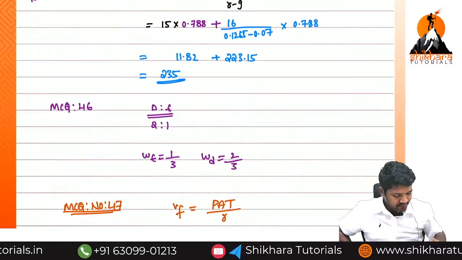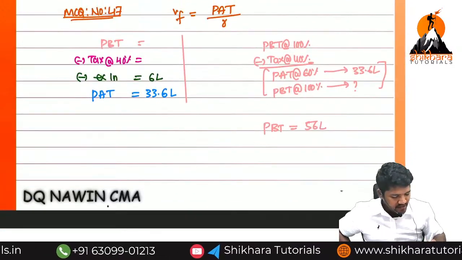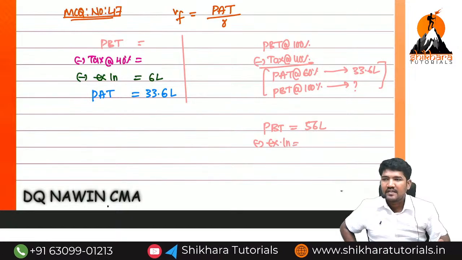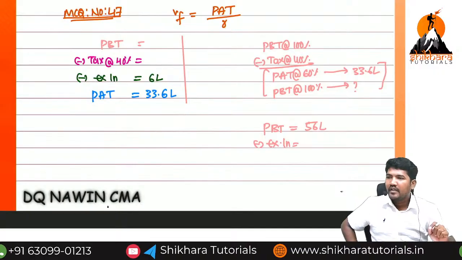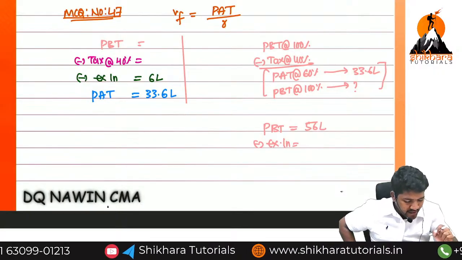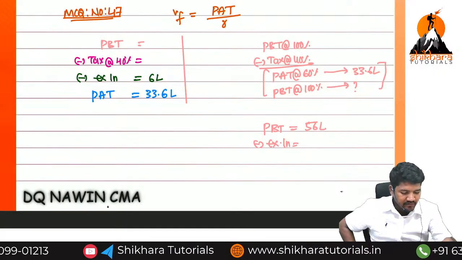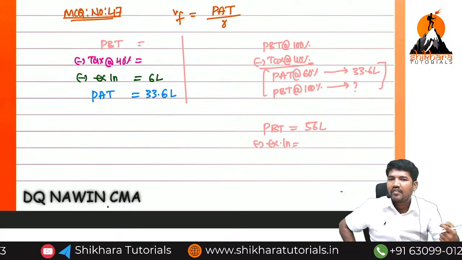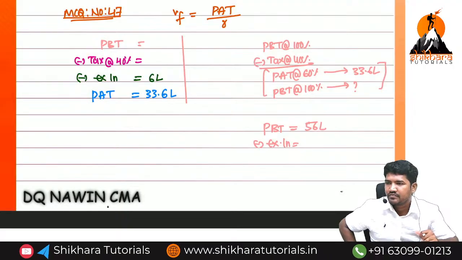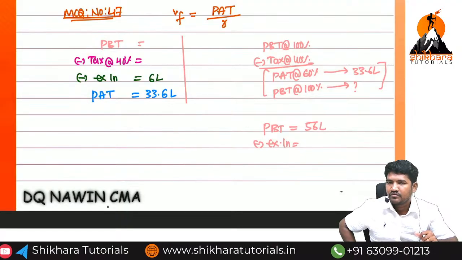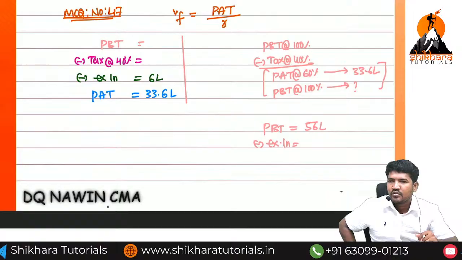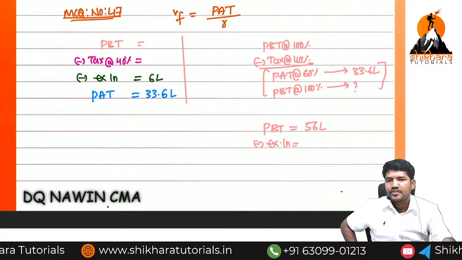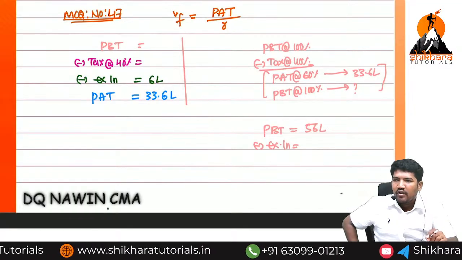Less extraordinary income, how much? 6 lakhs, sir. The point is you have to understand whether you are reducing tax before extraordinary income or after extraordinary income. Is extraordinary income tax eligible or not?